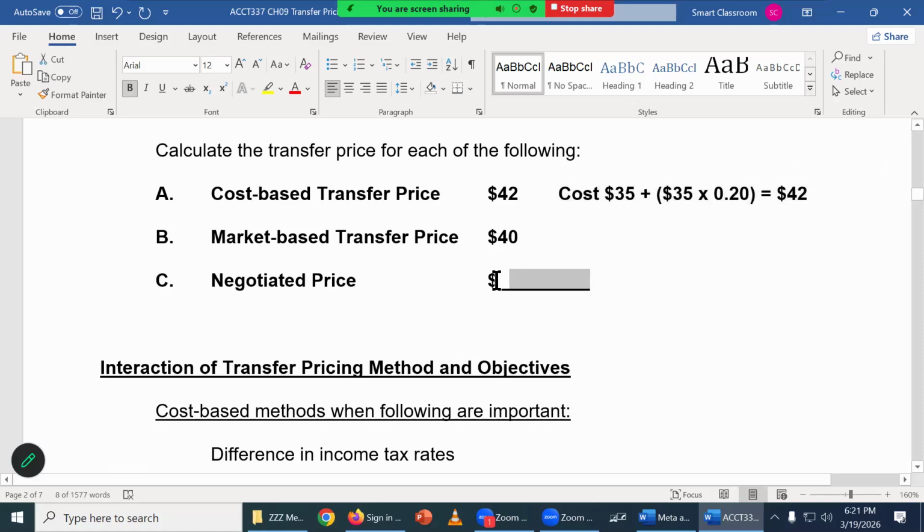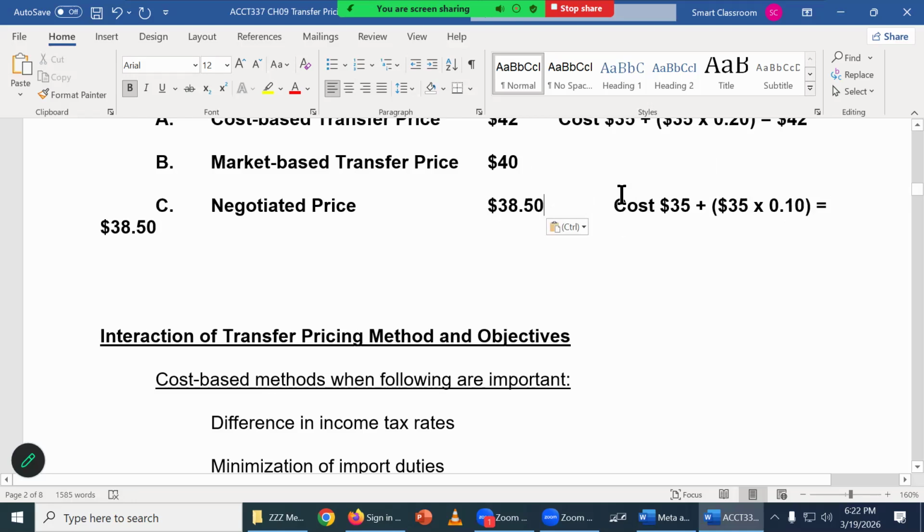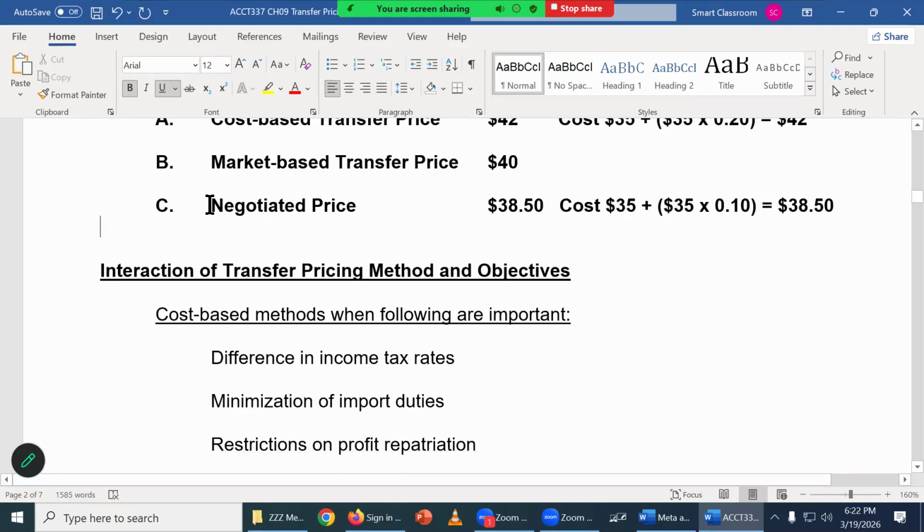That, hey, we want to... that's 30, it's $3.50, right? So it's 38.50, I think. You want to check that. So those are kind of the three pricing models that we're going to deal with.